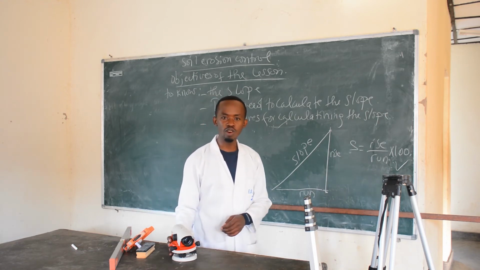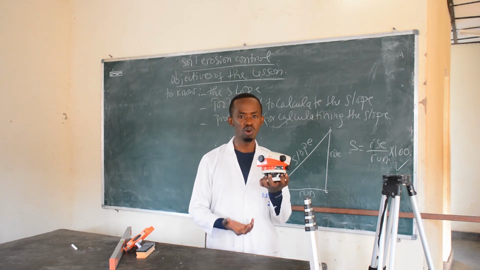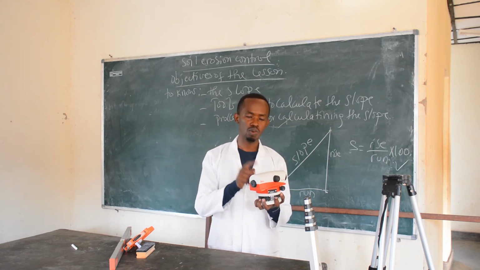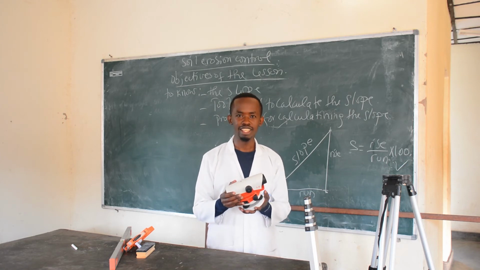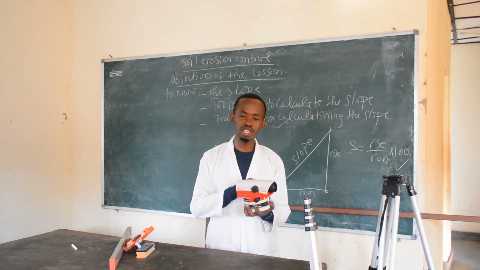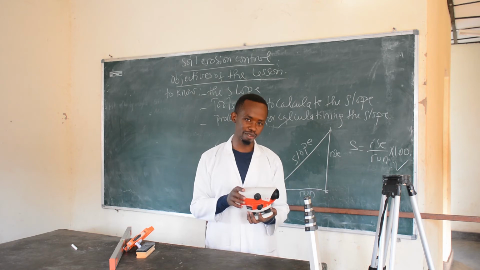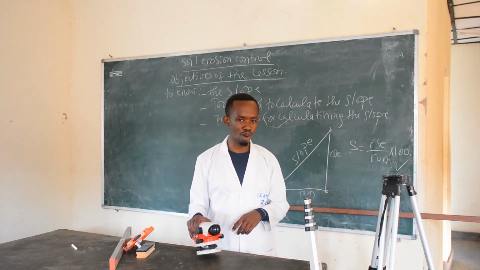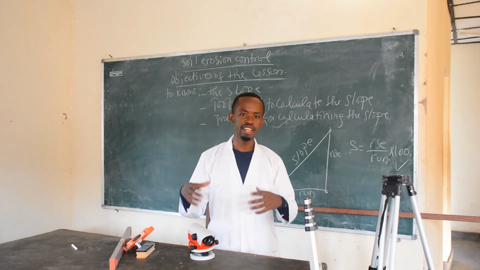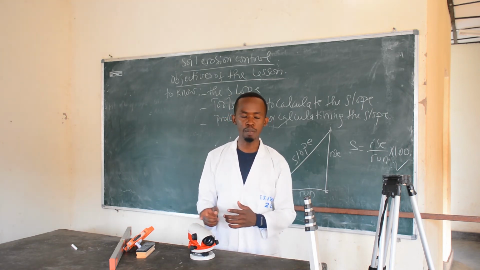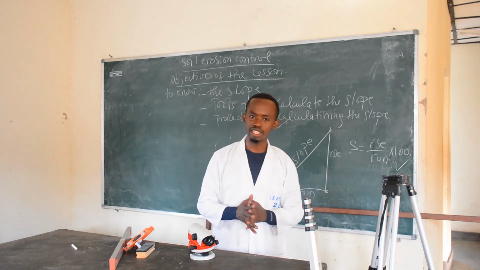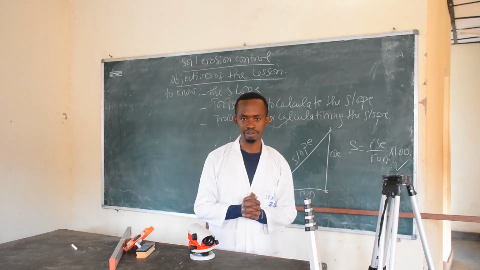Students, do all of you know this tool? This one is called water level, damp level. This tool can be used to measure the slope of the field, and associating this damp level with its companions, you can measure the slope of the field.